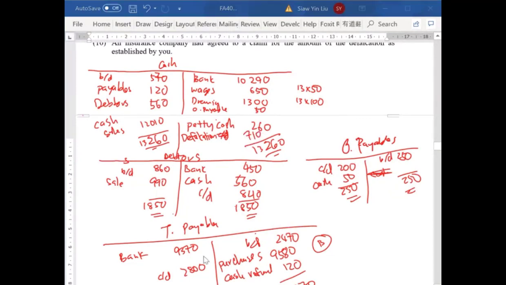If this is all okay, the next thing you need to do is prepare your income statement and financial position, based on the information here.